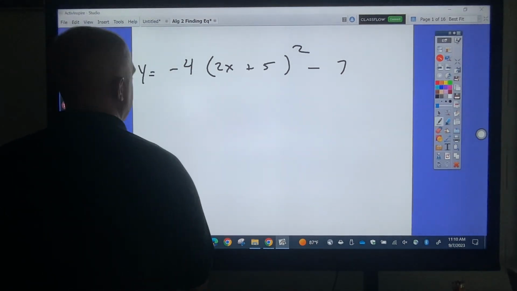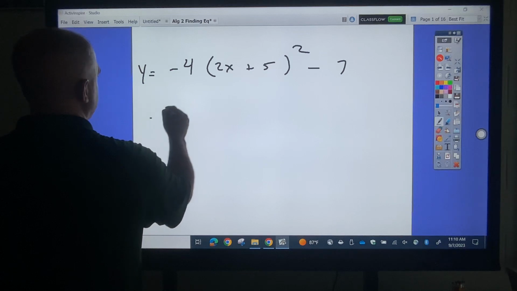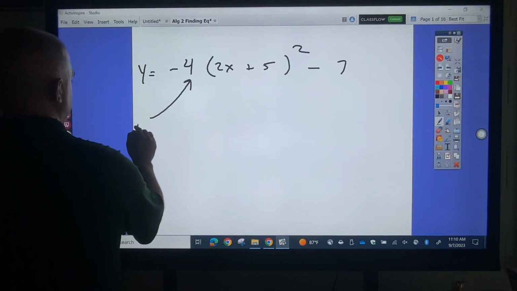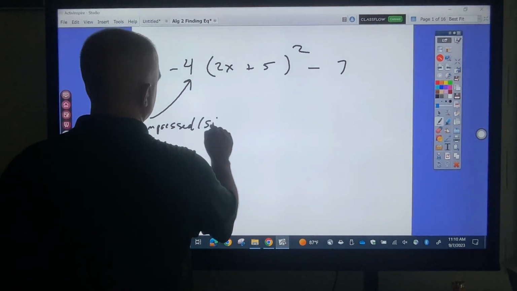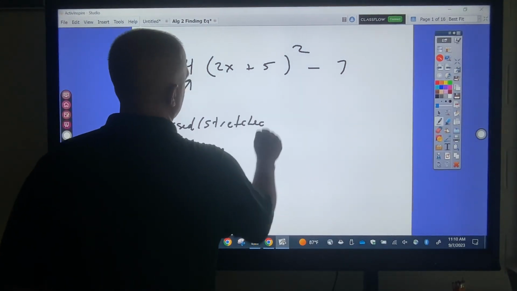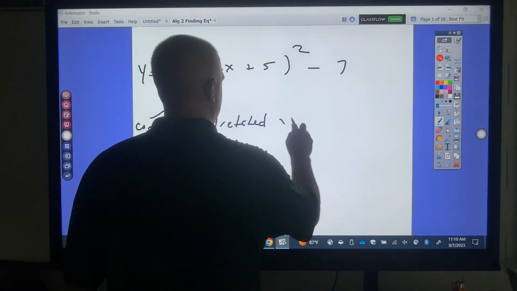So to have an idea, this number here represents being compressed or stretched vertically.